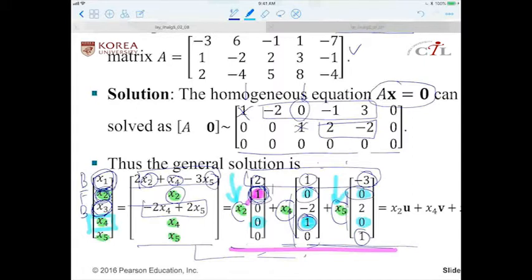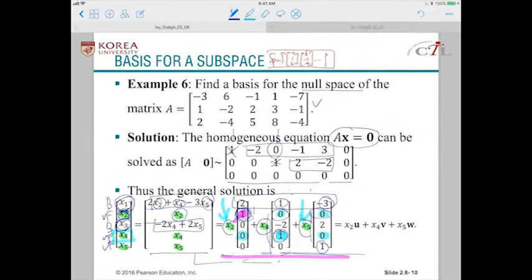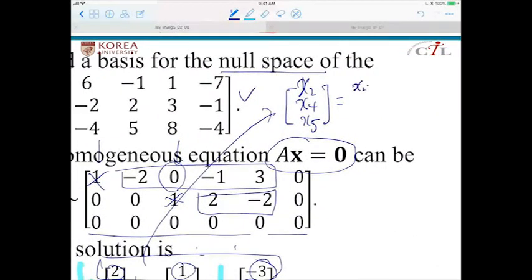So if we pick up our 3 of these free variables, let's just extract out the representation of x2, x4, x5, okay? So in this case, it is represented as x2 times 1, 0, 0. I mean, it's a really obvious one, but 0, 1, 0 and x5 and 0, 0, 1, right?